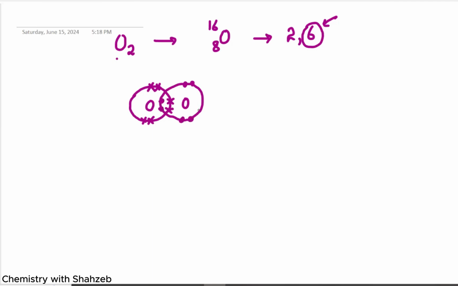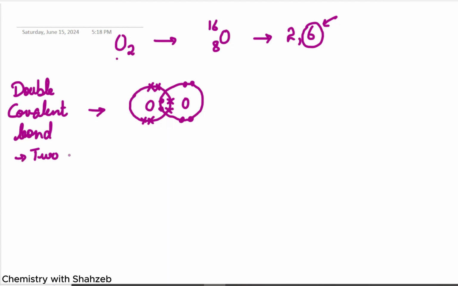So you can see that this represents a double covalent bond, as it is sharing two pairs of electrons. Okay.